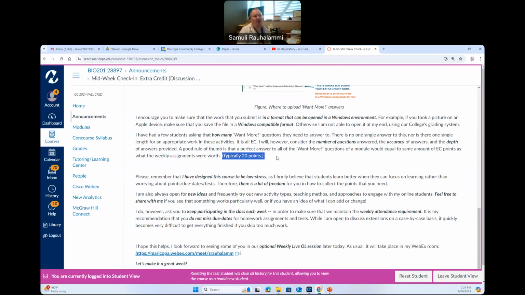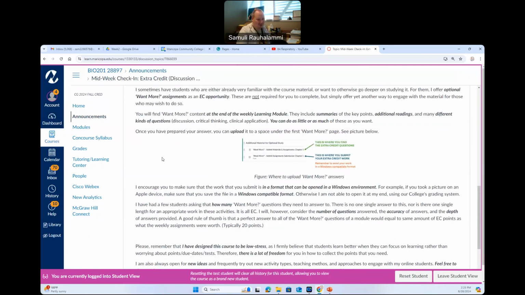So you do have the option that if you don't want to do that homework, you could theoretically just do the Want More assignments instead. Or if you didn't ace every single question, you can do some of the Want More assignments and get some points. So it really is whatever you want to get out of that, and whatever you want to do, that's what you do for those assignments.